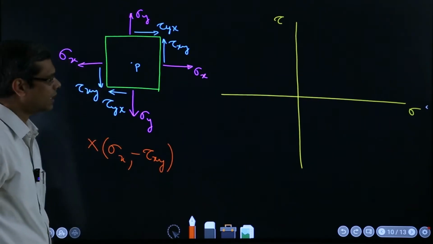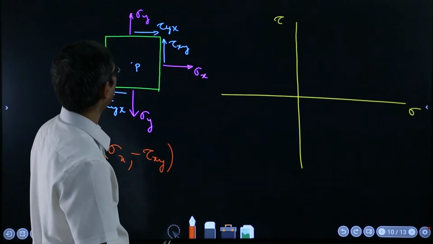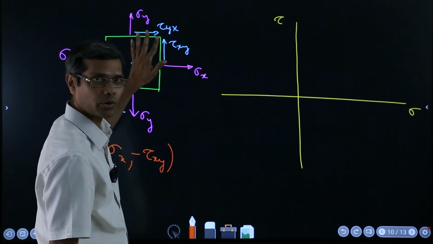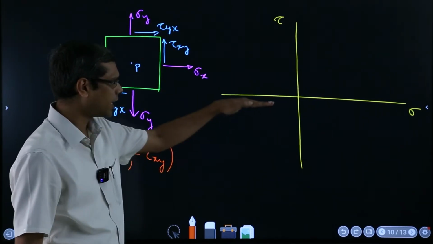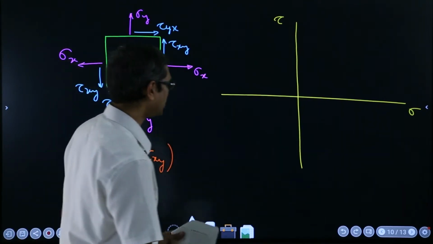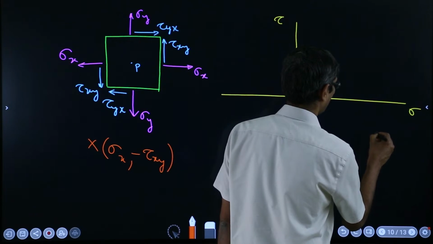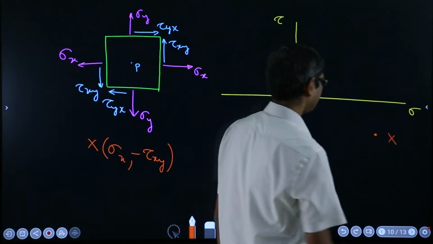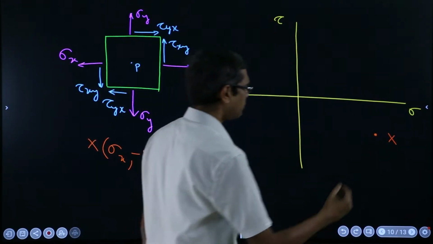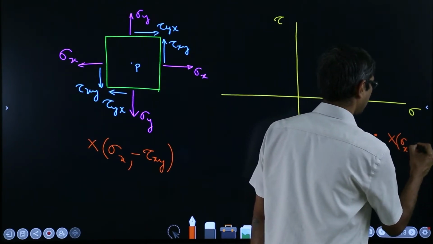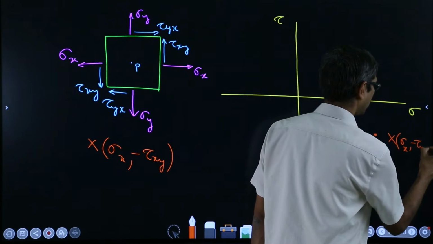That means, for such positive values, this point will lie below the x axis, somewhere here. Suppose this is the point x, given by sigma x and minus tau xy.